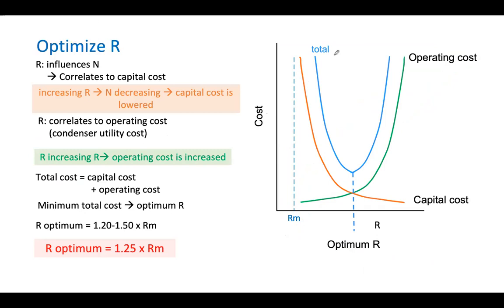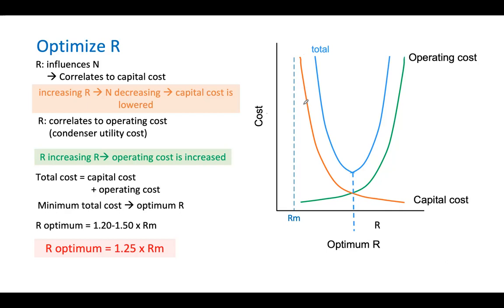Why? Let's look at this one, the orange one. The orange one tells you the cost of the tower with the reflux ratio. If you increase the reflux ratio, you have fewer equilibrium stages, which means your tower requires fewer stages or less height.